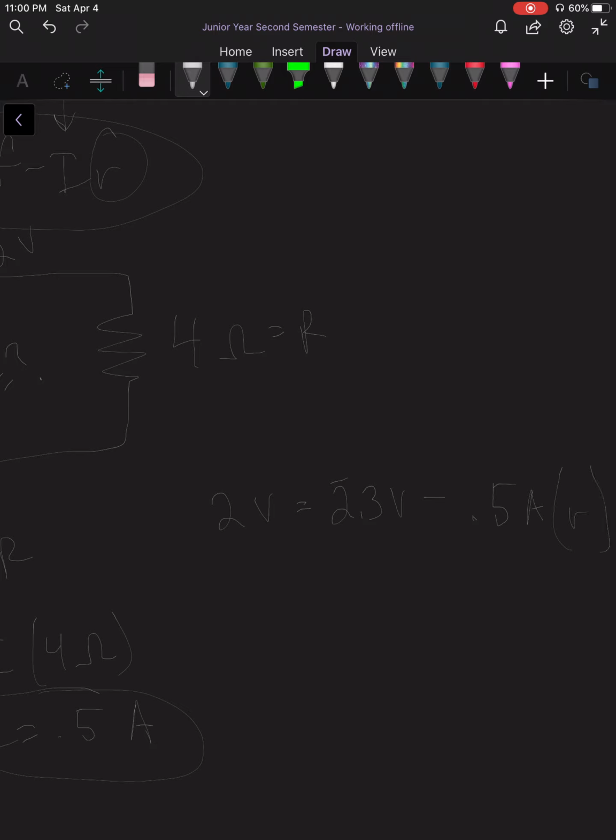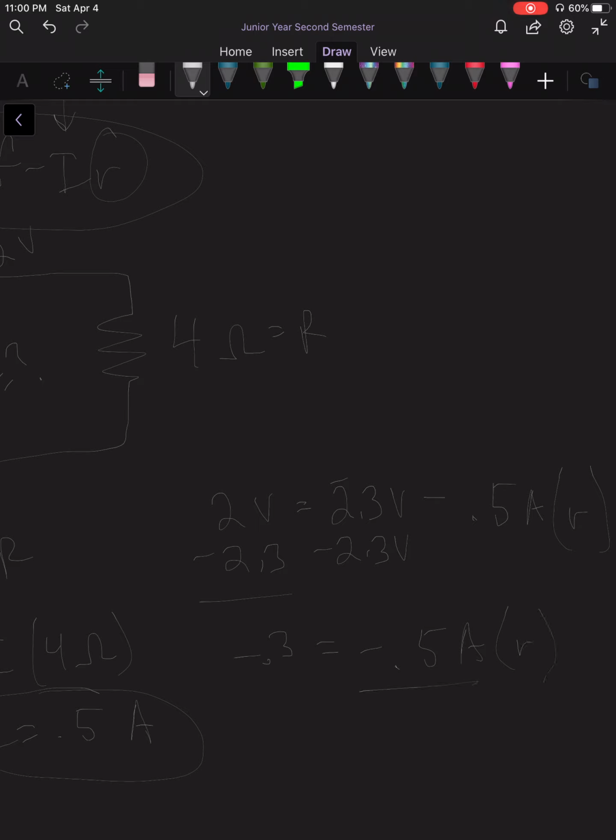So if we do this, we subtract 2.3 from both sides. We're going to get negative 0.3 is equal to negative 0.5 times r.